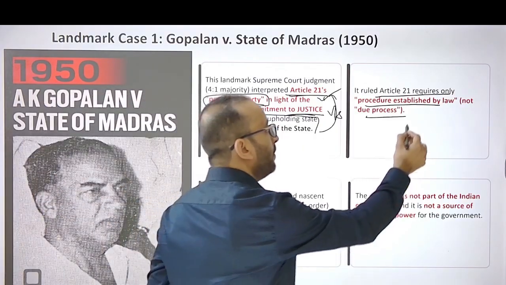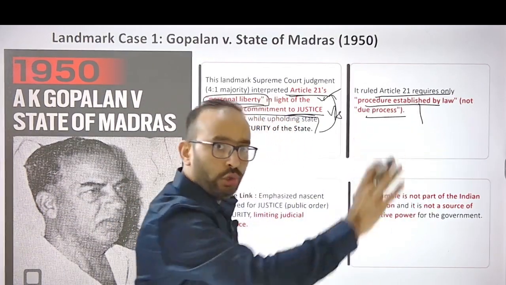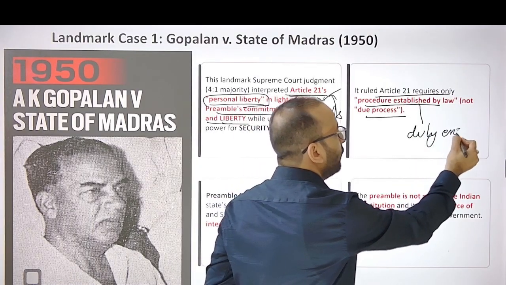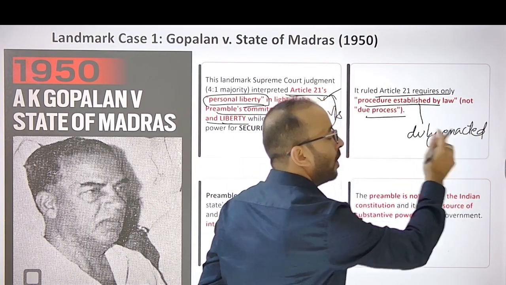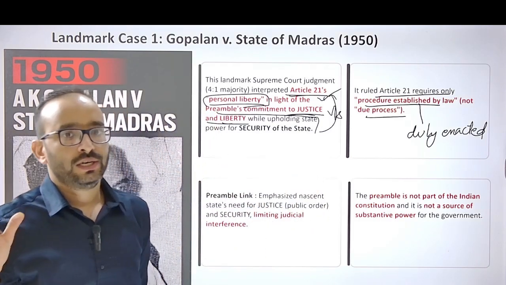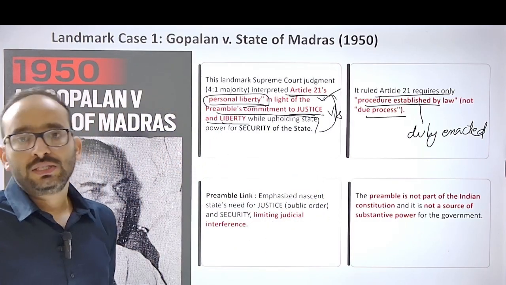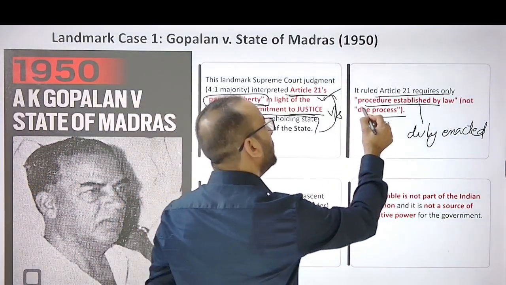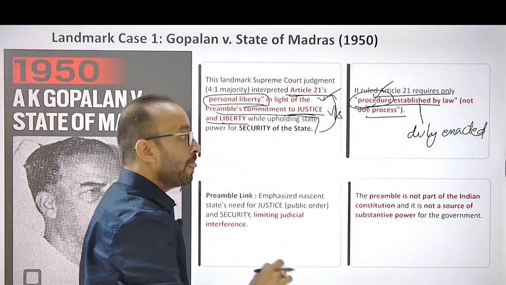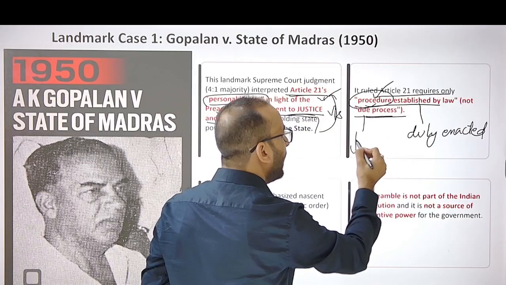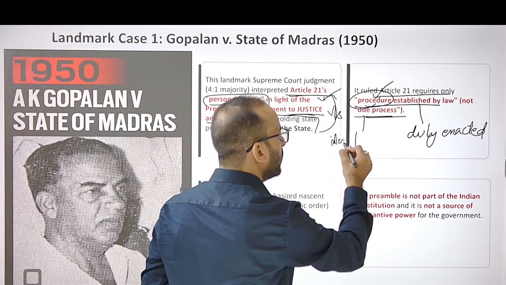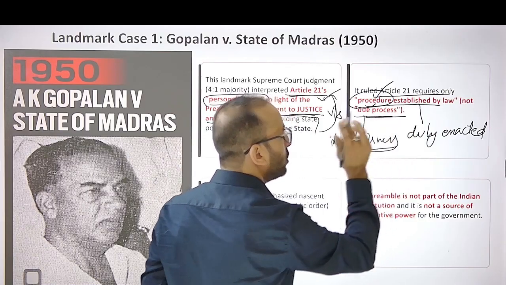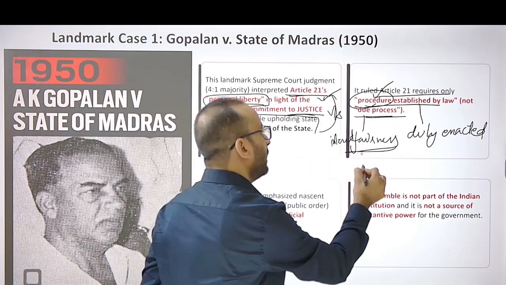Procedure established by law means it has to be duly enacted, that is, it has to follow the necessary steps required for any legislation: passed by both the houses, getting the president's assent, and notified. So the procedure has to be followed. What is due process? The inherent fairness. This was not followed till the Maneka Gandhi case.